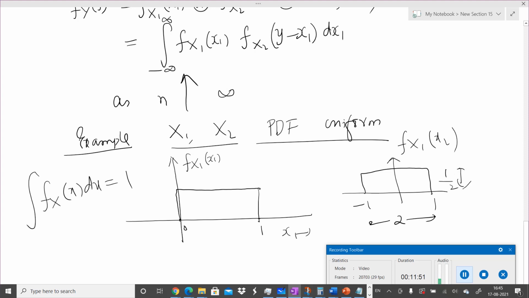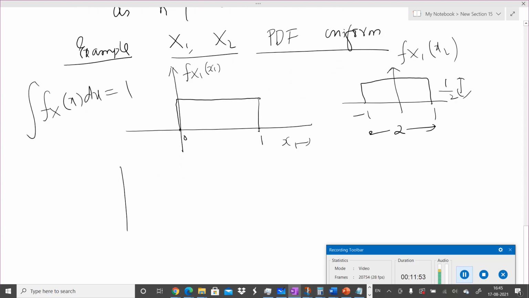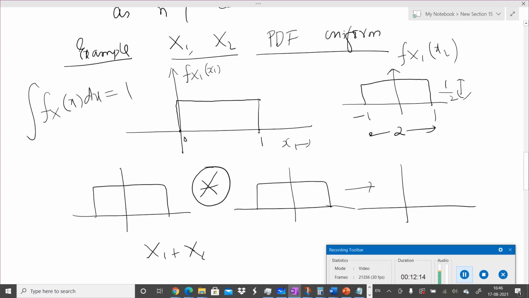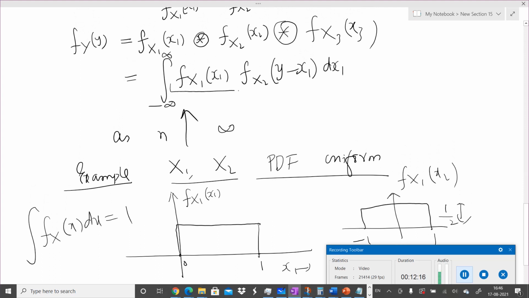Now suppose x1 is one random variable having this uniform distribution, and x2 is another random variable having this uniform distribution. When you add x1 plus x2, the distribution of x1 plus x2 will be the convolution of them. The convolution of two rectangles is the integral of the product of two PDFs.